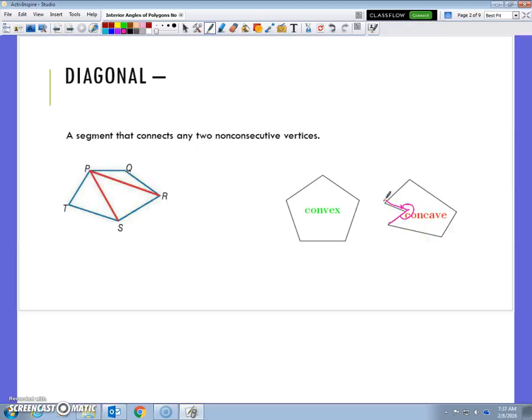It's jutting inside. This angle measure right here is more than 180 degrees. As you can see on all of these, they're all less than 180 degrees. So what we're really going to try to look at the relationship in is going to be a convex polygon. So we're going to talk about convex polygons today. All right, and that just means that we don't have any angles that are bigger than 180. So let's take a look here.